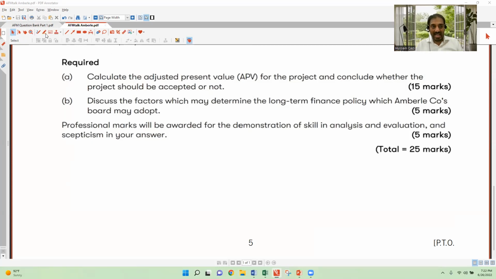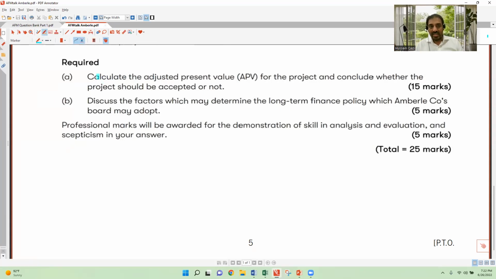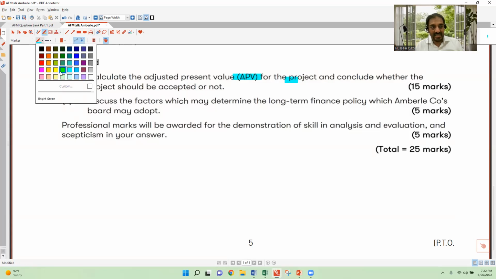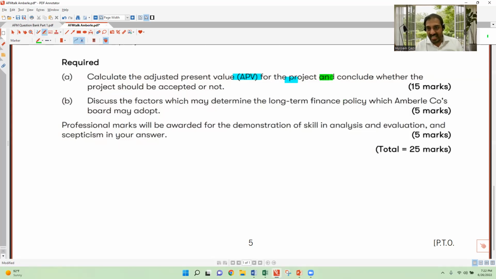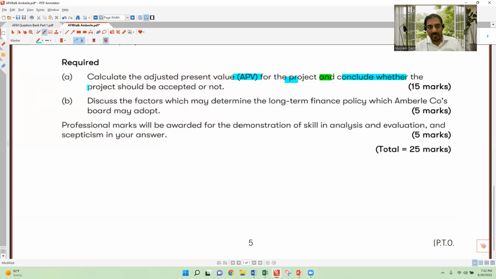For example, the requirement is: calculate the adjusted present value, APV, for the project and conclude whether the project should be accepted or not, 15 marks.